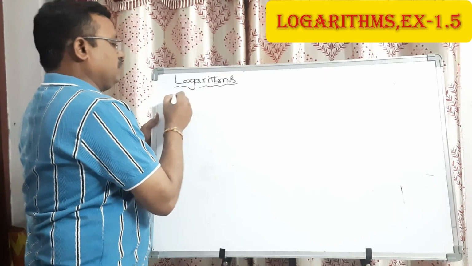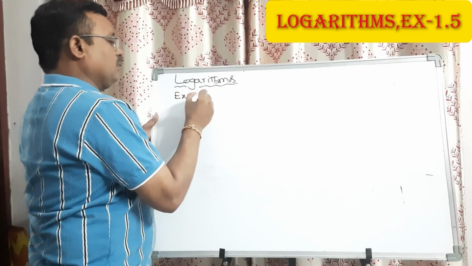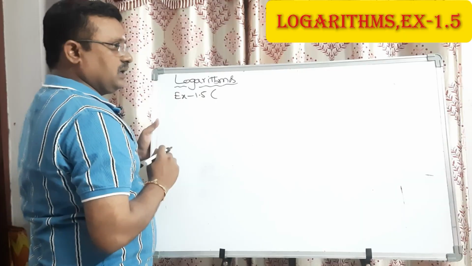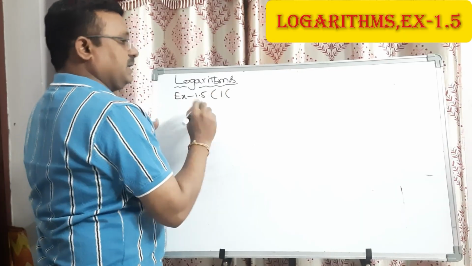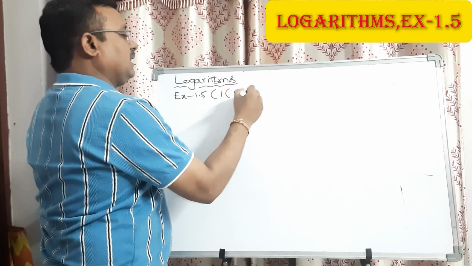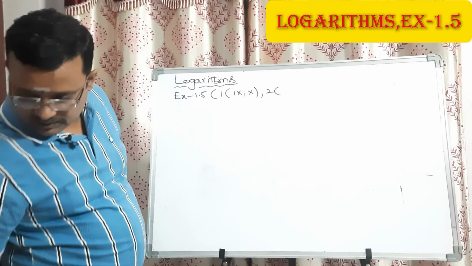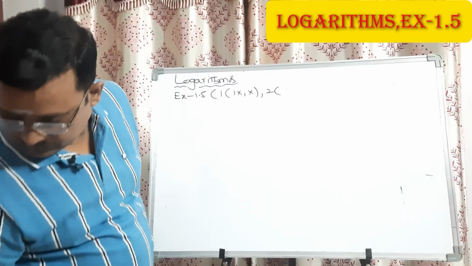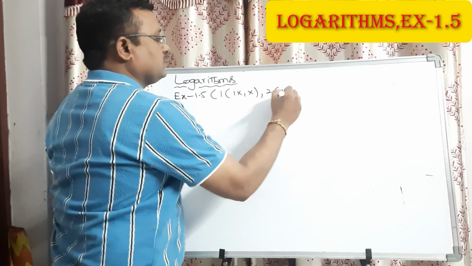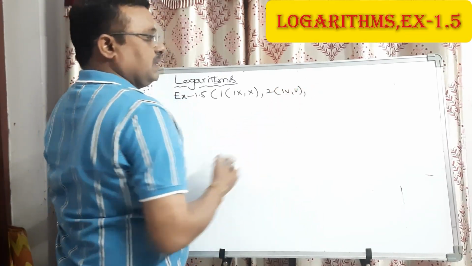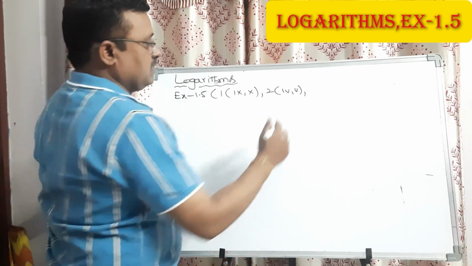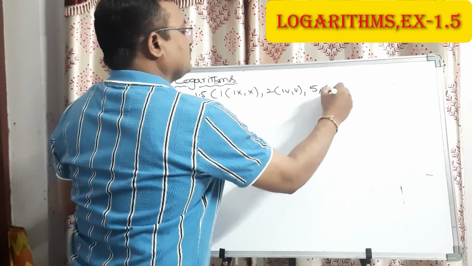So, in logarithms exercise 1.5, we are going to discuss the first bit, the 9th question and 10th question, and the second, the Romans, 4th question and 5th question, and the 5, 6, 7 questions.